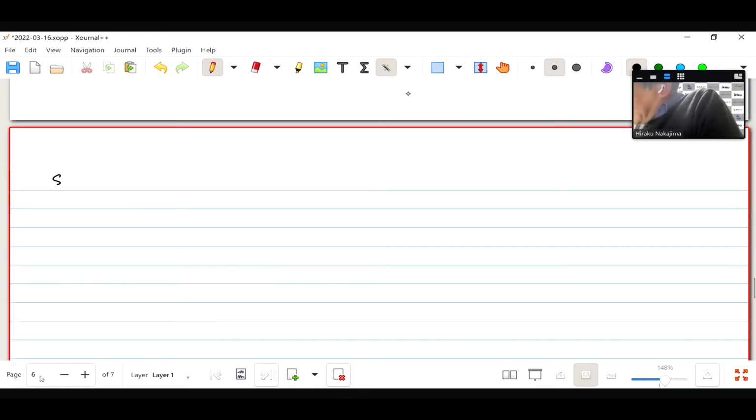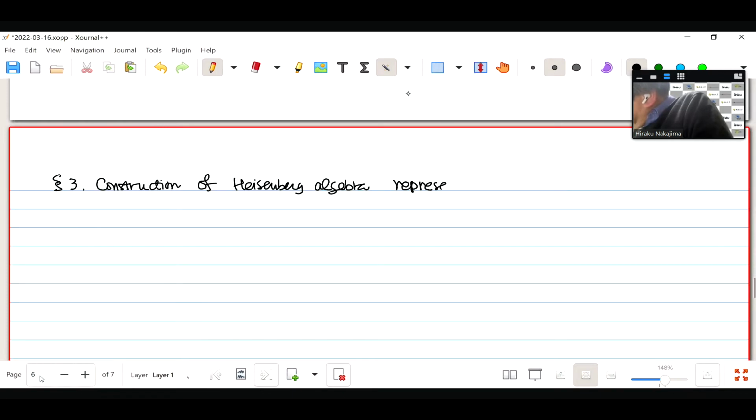Okay, I start to construct representations there. I first construct the Heisenberg algebra. I just mentioned that I consider the Hilbert scheme of points. I omit C^2 because I only consider C^2.